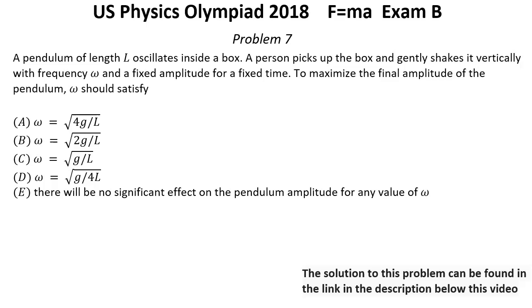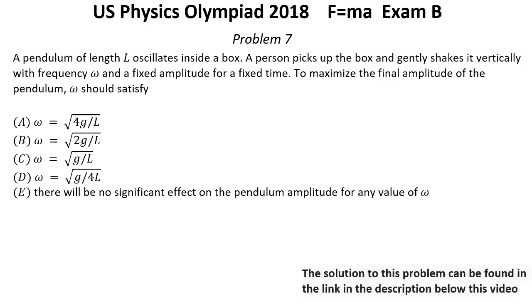In the frame of the box, vertical shaking is equivalent to having g oscillate with the frequency omega. To increase the amplitude, gravity should be strong when the pendulum is moving down and weak when it is moving up.